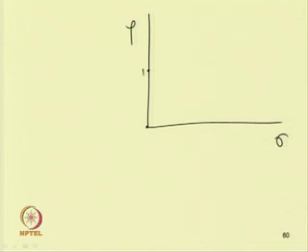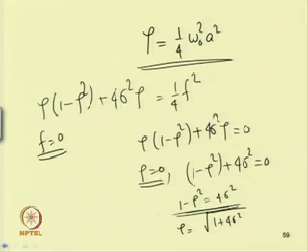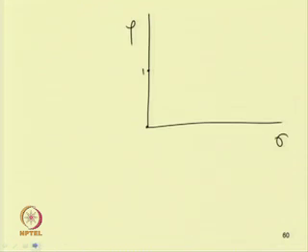So, if we go on increasing this value of f, this forcing parameter, one can find two different values of rho for a particular value of sigma, and one can plot this.